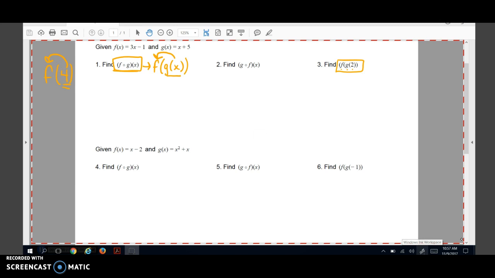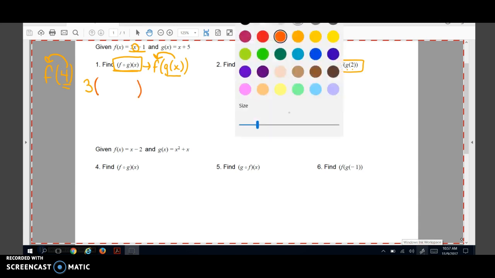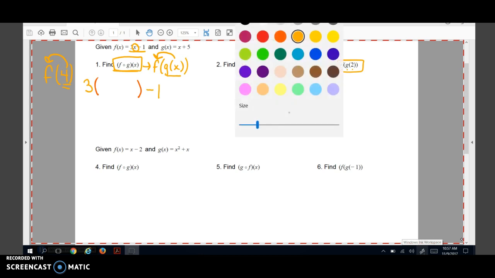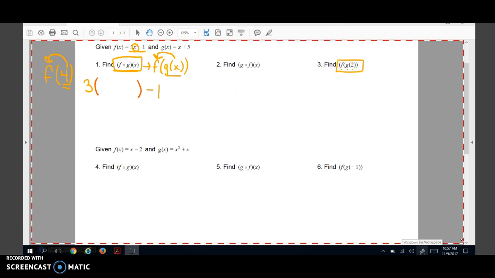What that's going to look like is, here my function f is 3, but instead of writing x, I'm now going to substitute in my function g. To finish out the equation f, I have 3 times x minus 1, so you don't want to forget that minus 1. Instead of having this x, we substitute in g, and as you can see, g here is x plus 5.